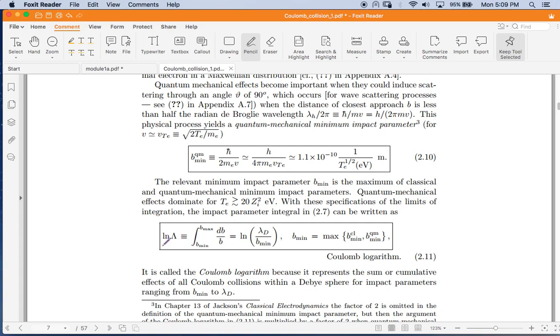So this is the all important Coulomb logarithm ln capital lambda, where capital lambda is lambda D over Bmin, where the Bmin can be the maximum of the classical value or the quantum mechanical value. You don't have to be terribly fastidious about that. The Bmin is some Bmin, okay? But the Bmax is what matters.